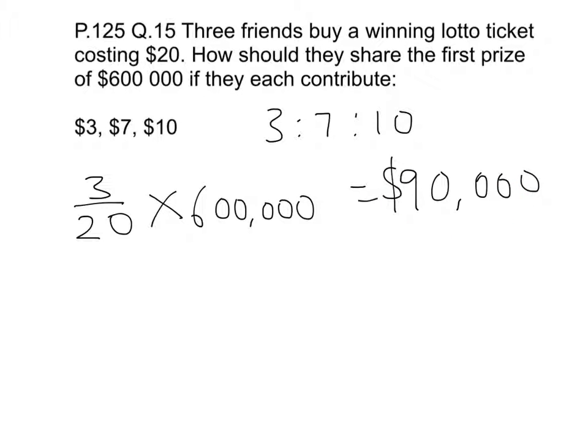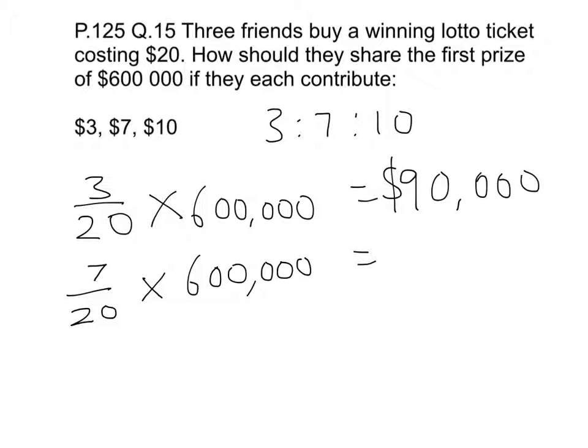So the rest should be clear. The next step is we go to the second part of the ratio, which is the number 7, and we put that over the total number of parts, which is 20. And we do the same thing. We multiply by the total prize money.